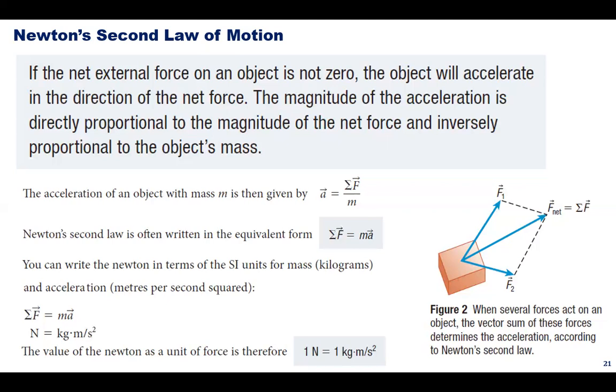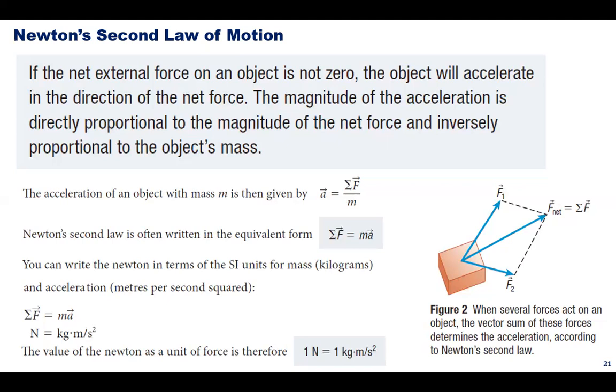Okay, we can write Newton in terms of the SI units for mass, which is kilograms, and acceleration, which is meters per second squared, in sigma F equals ma.